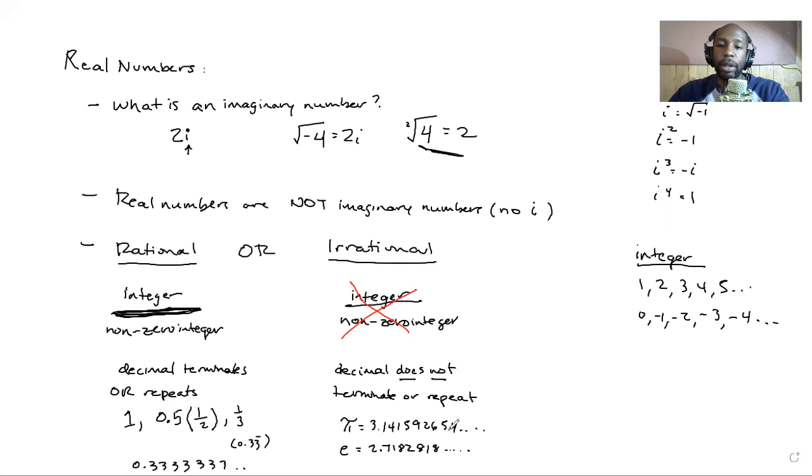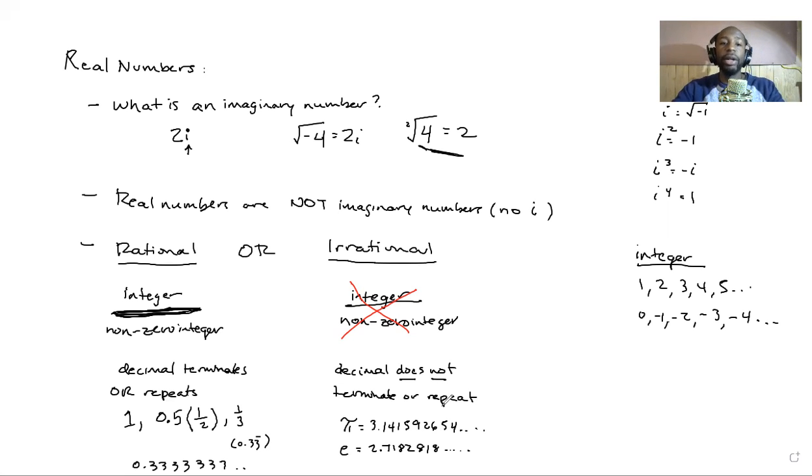Okay. So yeah, so there we go. So that's the main thing. So basically what we've covered here, we've told you what real numbers are. So real numbers are not imaginary numbers. So that means they don't have any sort of square root of a negative number involved, or like an even root of a negative number. Real numbers are also defined as either irrational or rational.